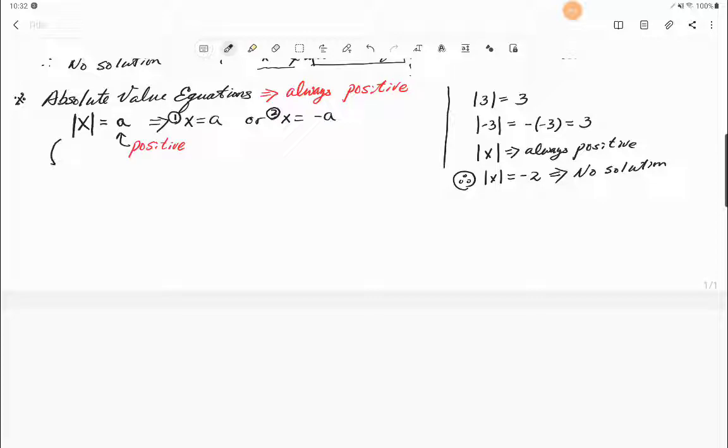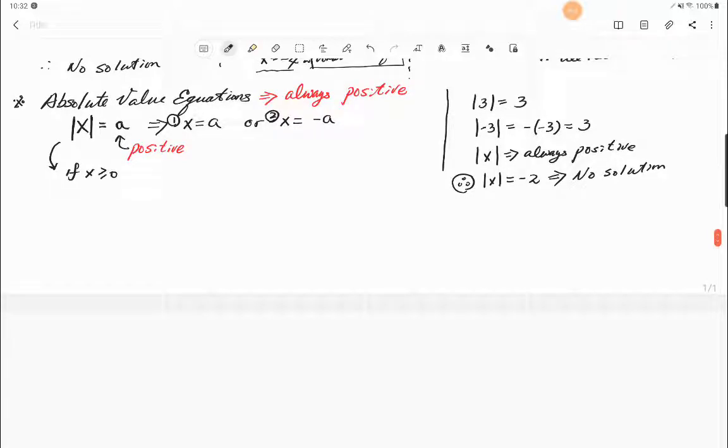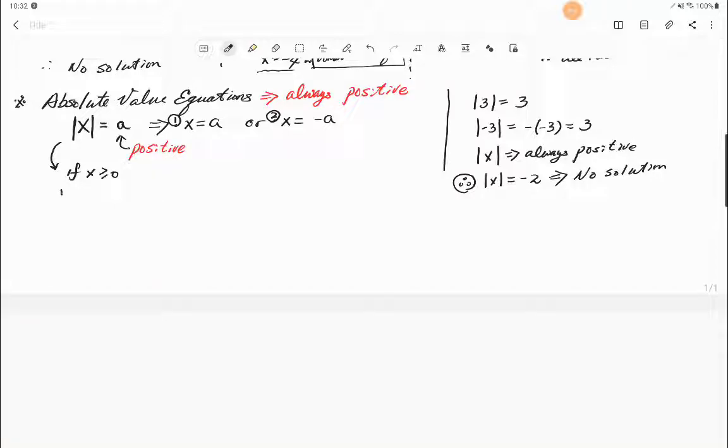Let me rewrite it. So if x is positive, greater than or equal to 0, then what happens? Just like absolute value of 3 is just 3. Just remove the absolute value. So that we have an equation, x equals a. Can you see it? Since x is already a positive number, remove the absolute value symbol. So the equation looks like x equals a.